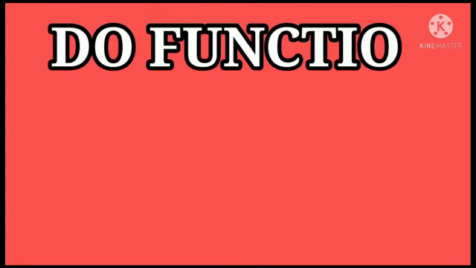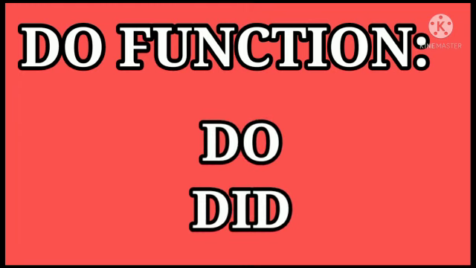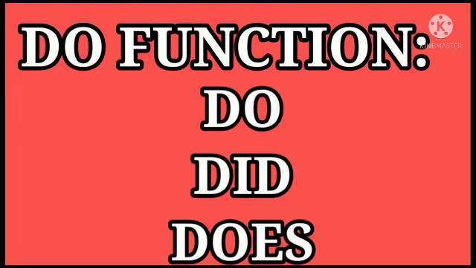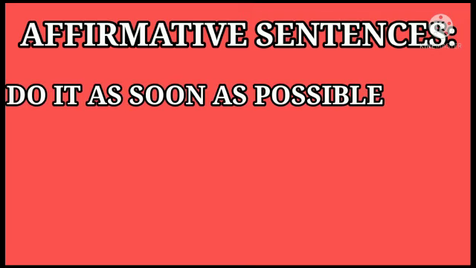Students, the do functions of the auxiliary verb, that is do, did, does, is used also in affirmative sentences besides negatives, questions, emphatic sentences. For example, do it as soon as possible.